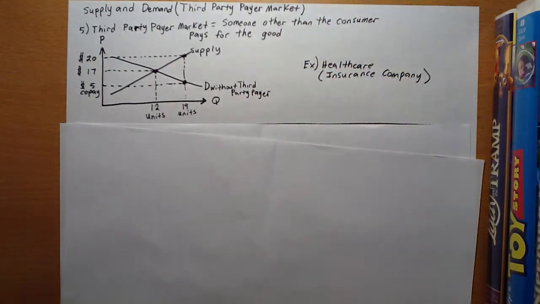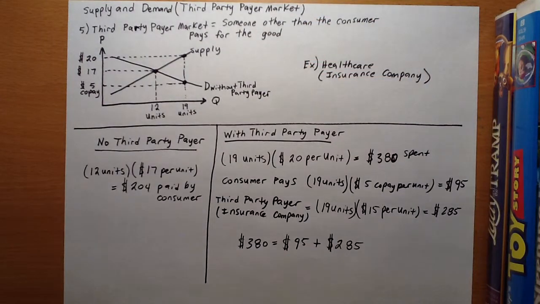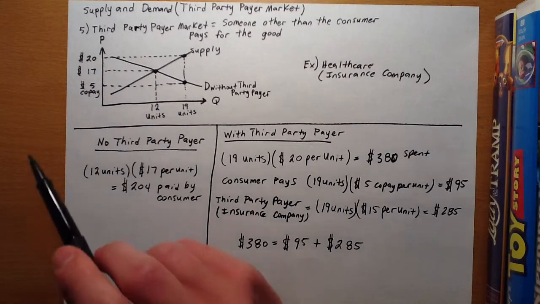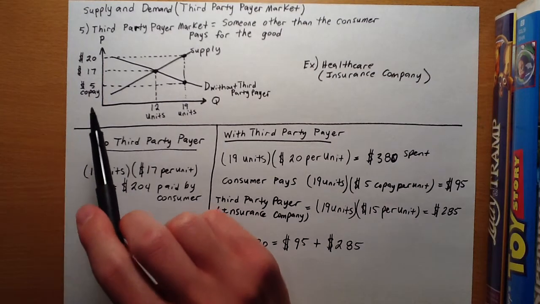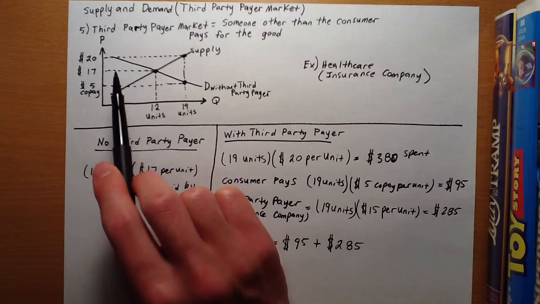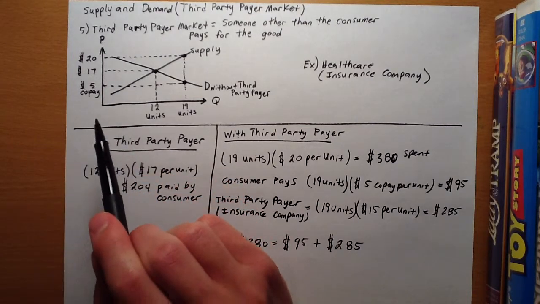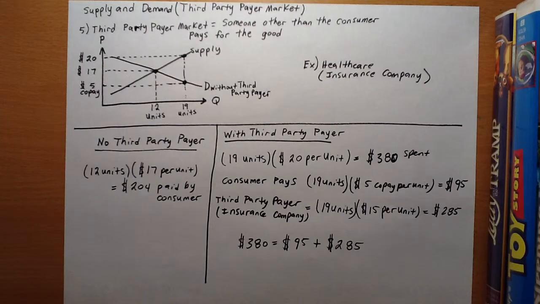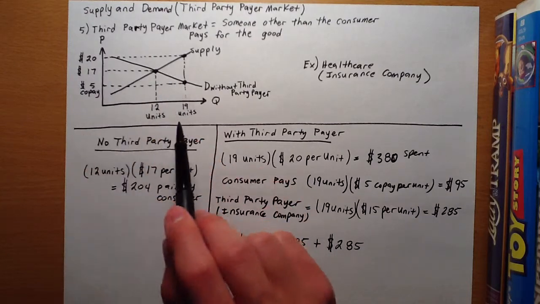So this is interesting. This turns out that the insurance companies are going to pay $15 of that doctor's visit or that unit of medical care, and we're going to pay $5. So if we figure out how much we're spending on medical care, we're going to take the price times the number of units.